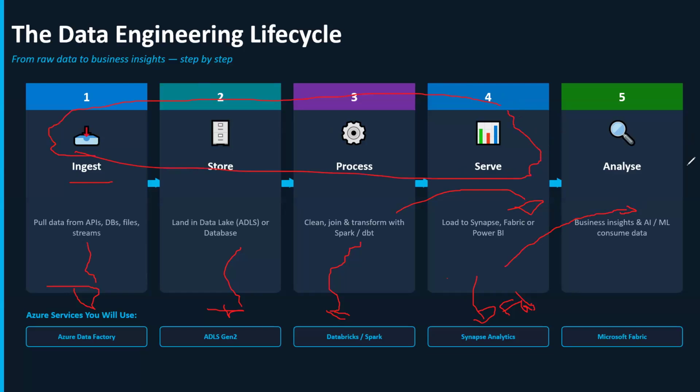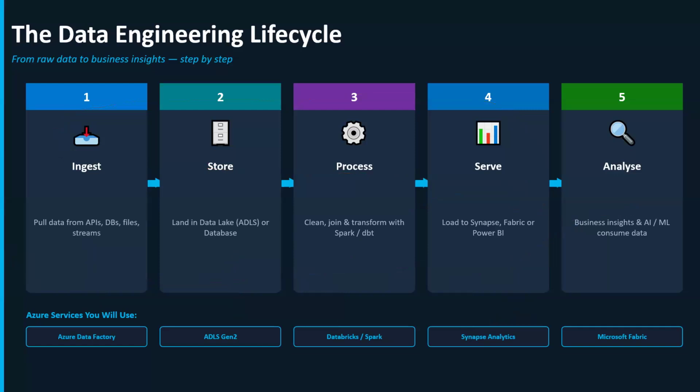Now, if you see any data analytics project or data science or AI project, everything is the same, just the data engineer does all these key operations. That is the reason the data engineer is called the backbone of any data analytics project, data science project, or AI project.